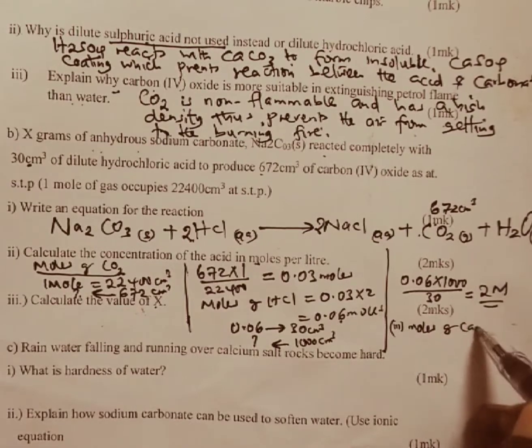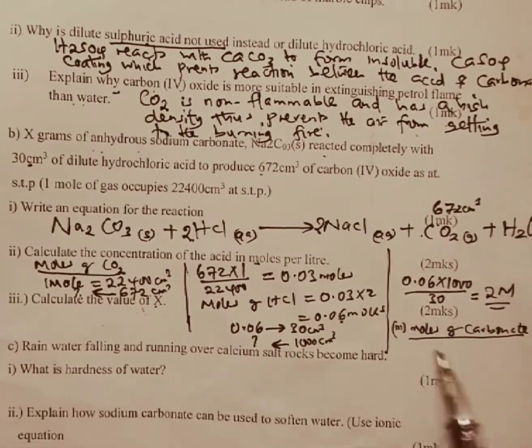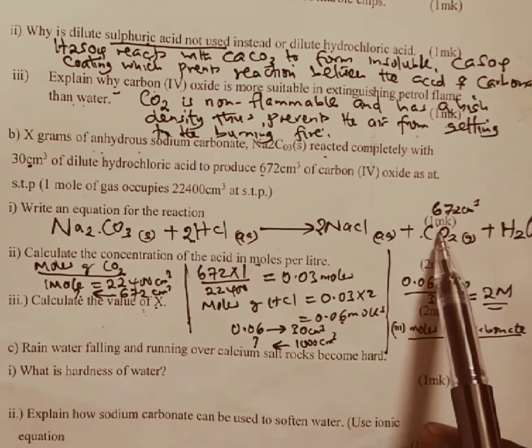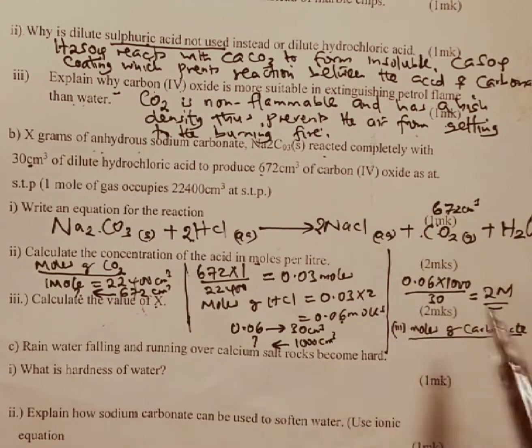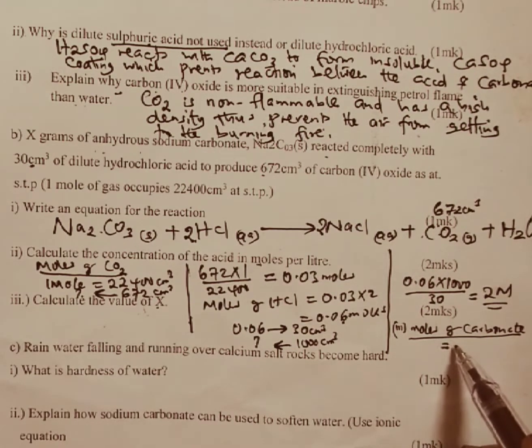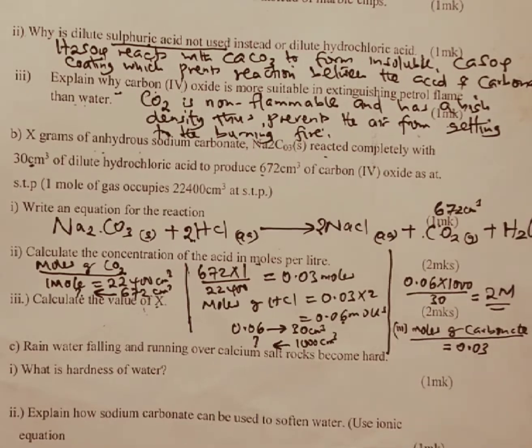Moles of the carbonate. We know the ratio of the carbonate to the ratio of carbon 4 oxide is 1 to 1, and therefore, since the mole ratio is 1 to 1, the number of moles of the carbonate are going to remain 0.03.